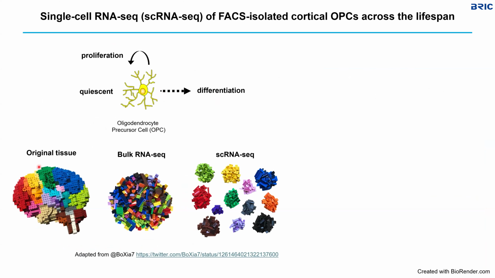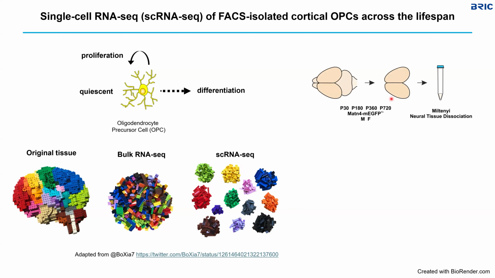So instead of taking the whole tissue or a cell type and performing bulk RNA sequencing, which could dilute the effects of different OPC behavior, we decided to perform single-cell RNA sequencing so that we might be able to resolve different states of OPCs in different clusters of cells bioinformatically.